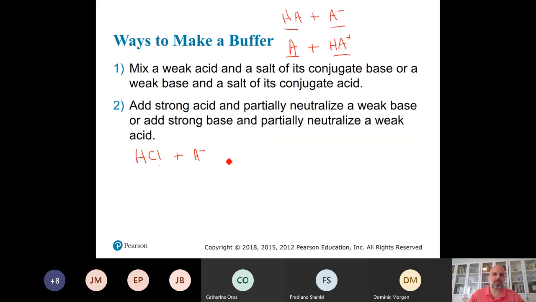That's going to give us in the end our HA plus our A minus, and then we have the spectator ion, the chloride, which floats around in solution. So all this is doing is essentially swapping. Some of these protons are going to react with the weak base and give us our acid here and its conjugate base.